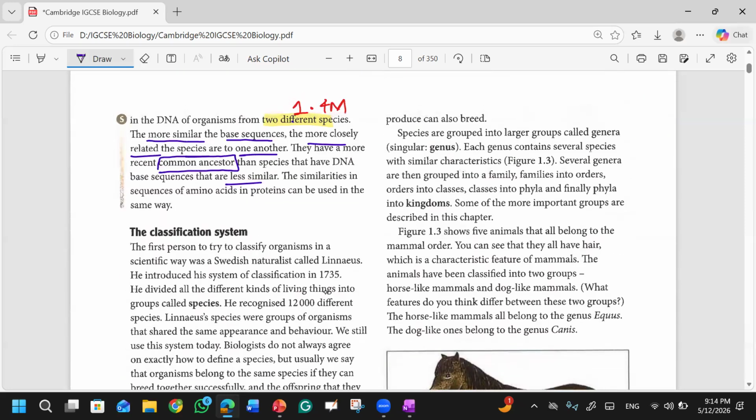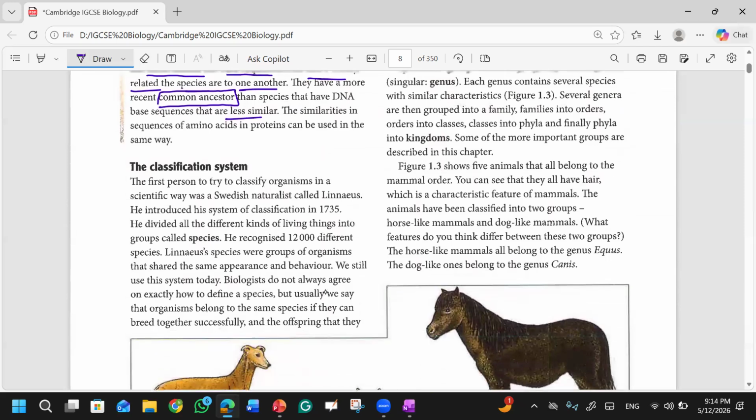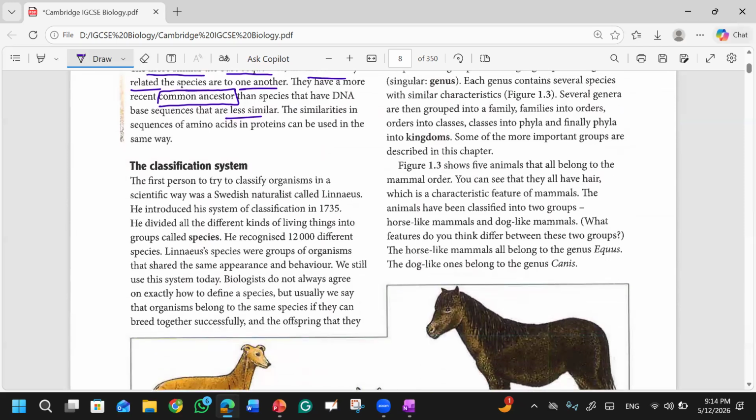Now after that we have discussed the kingdom, phylum, class, order, family, all this. What is species? Species are like I told you in the definition.